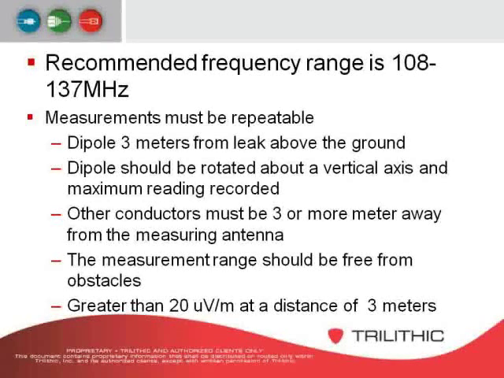You don't want anything too close to the antennas, like your whip antenna on top of your truck. You want to make sure that stuff is at least 3 meters away from the measuring antenna, just so it doesn't affect your readings. The measurement range should be free from obstacles. Greater than 20 microvolts per meter at a distance of 10 meters needs to be measured, and repairs need to be made. But remember, 50 microvolts or greater is what's actually calculated as part of your CLI.